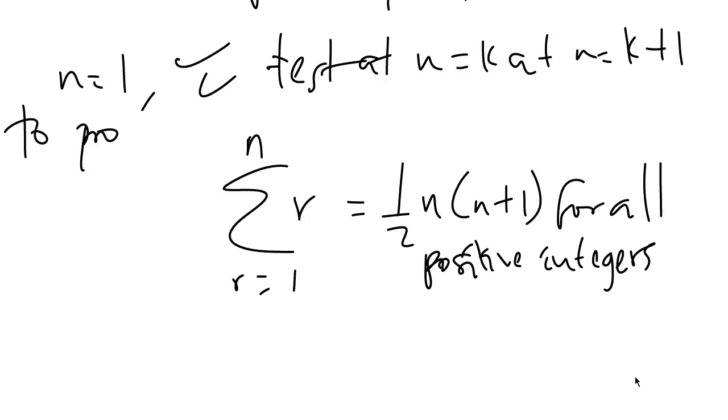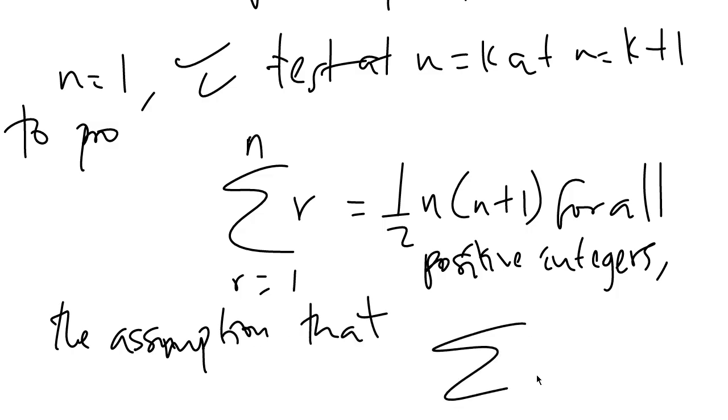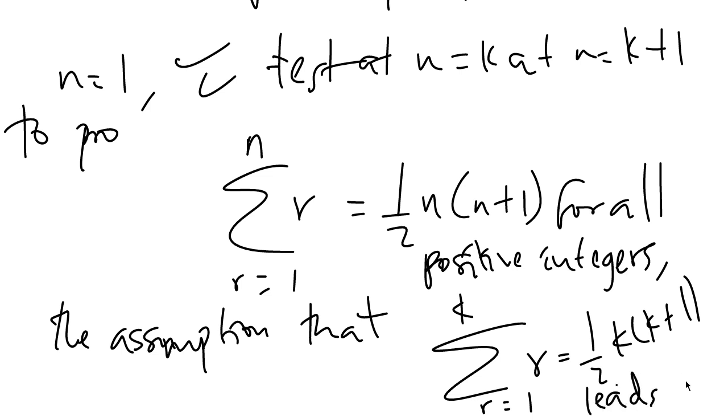I hope you're following me. The assumption that the summation of r from r equal to 1 to k is equal to half k into k plus 1 leads to, that's the question.